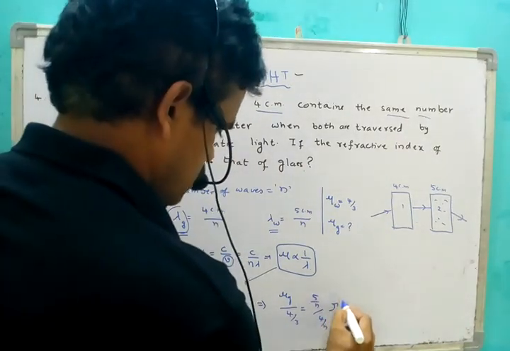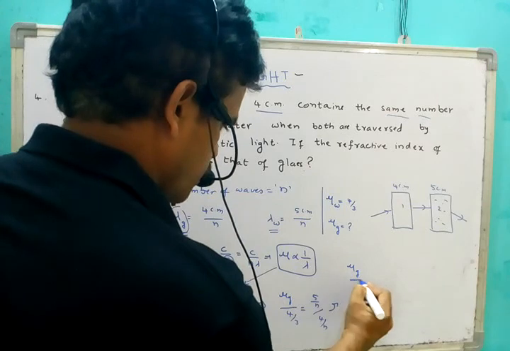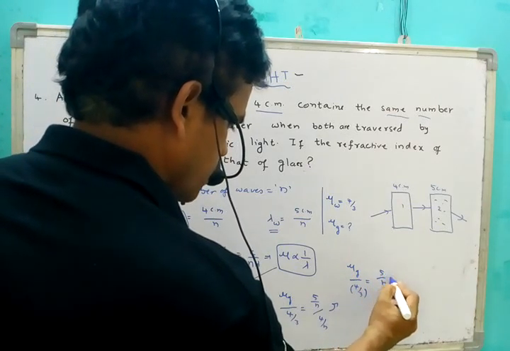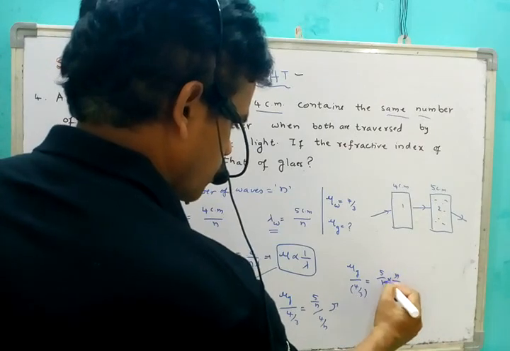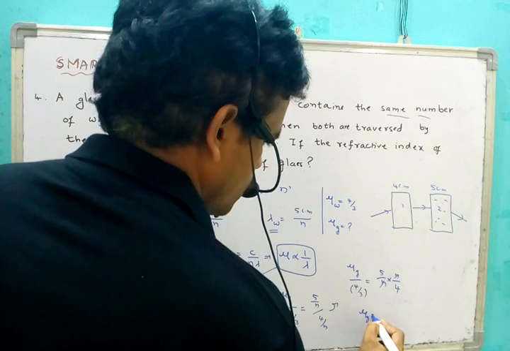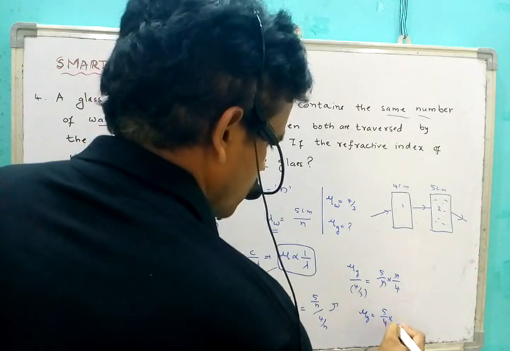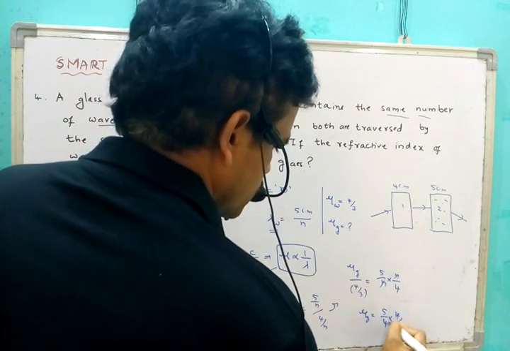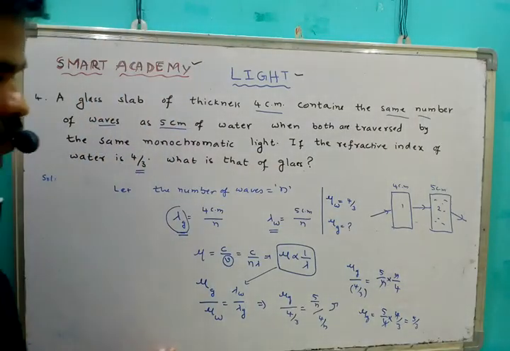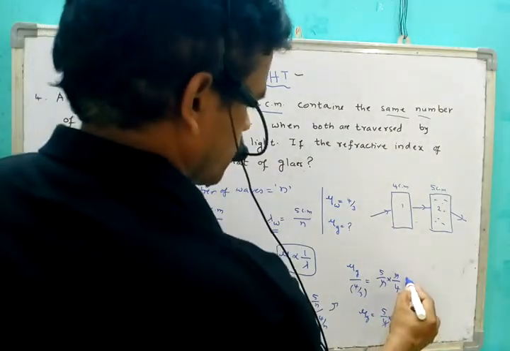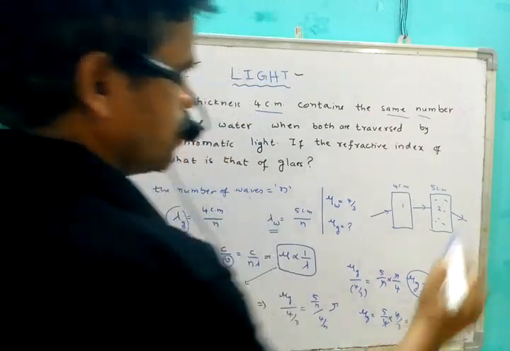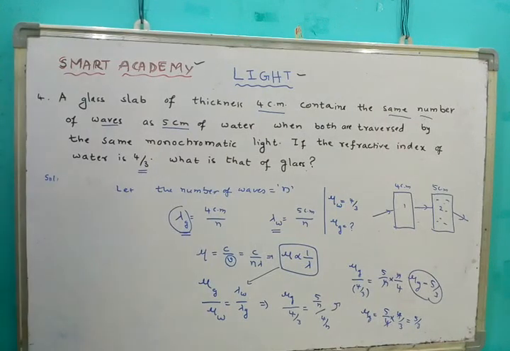The n cancels. So mu g equals 5 by 4 into 4 by 3, which is 5 by 3. So we got the refractive index of glass, equal to 5 by 3. So we got that answer.